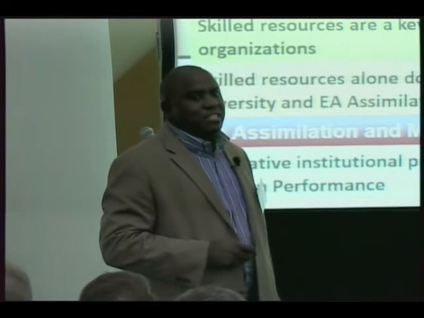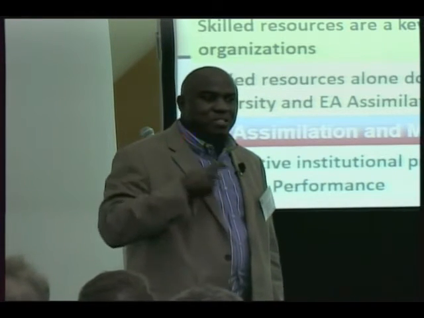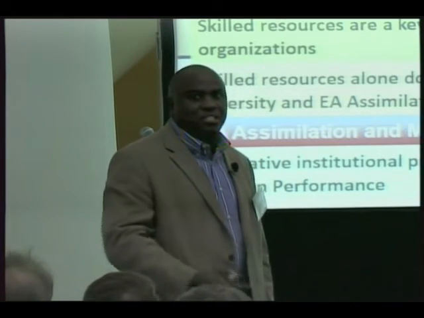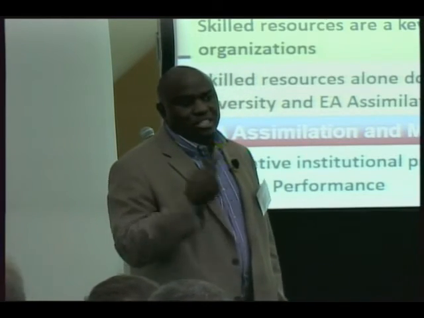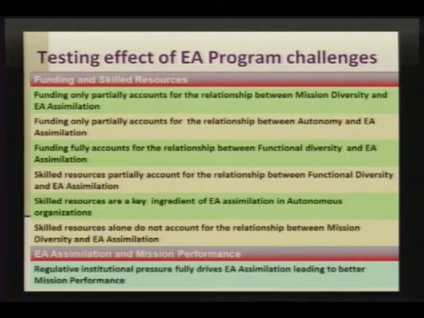This is a rather interesting slide because this starts to give us the meat of the research. Because when you start looking at those interactions and see exactly how some of those factors, remember our unit of analysis was the EA programs. So now we are interested in, when we look at those programs, what are the factors in those program challenges that can actually influence EA assimilation?